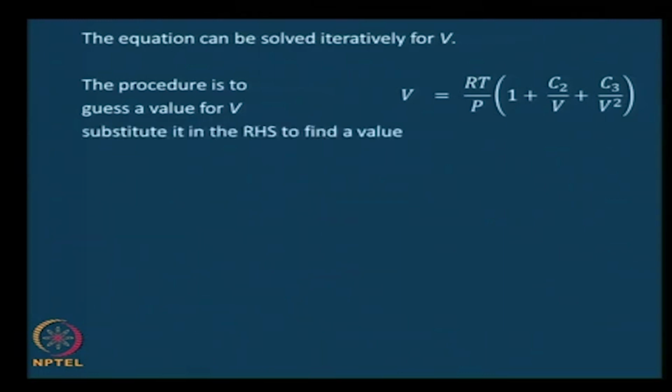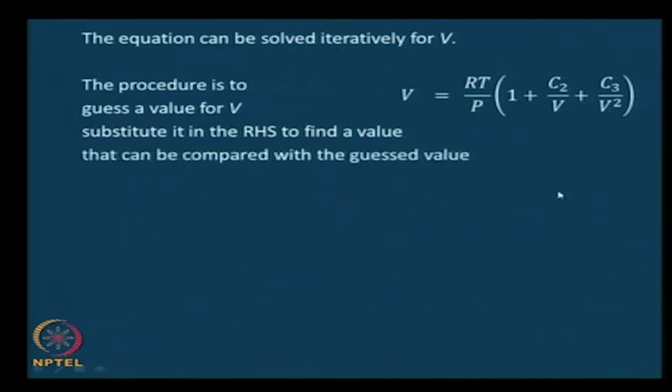Substitute it into the right hand side to find a value, in terms of C2, C3 and RT by P. Guess a value for V, substitute it here to get a value, and compare that with the guessed value. Remember that V was something that we guessed to begin with, and then we substituted the same V here to find this value, and now compare the right hand side with the left hand side.